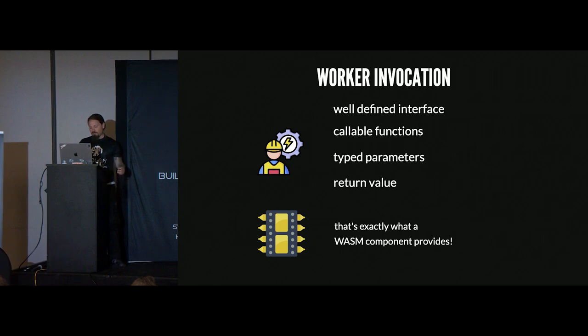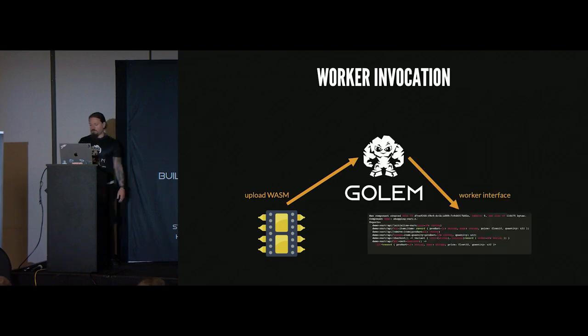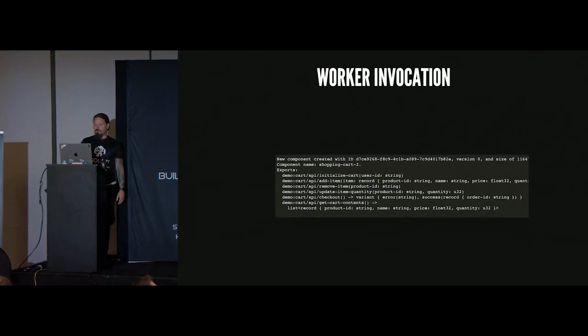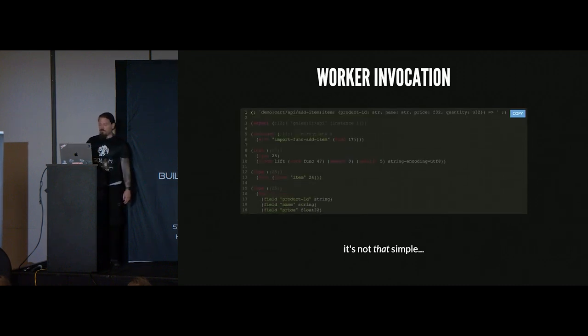So with that, it means that we can just create a WebAssembly component, a single WASM file, and upload it to Golem. And Golem can analyze this component and figure out what the exported interface of your worker is automatically. And of course, it's not as simple as it may look. Sometimes it is simple.